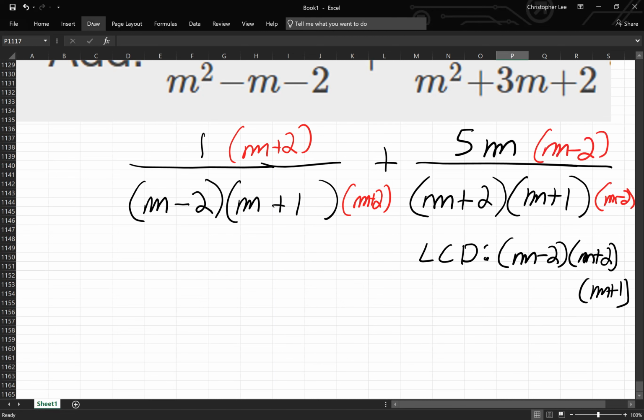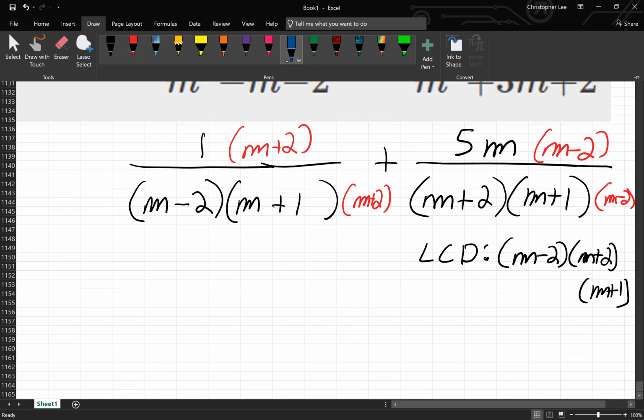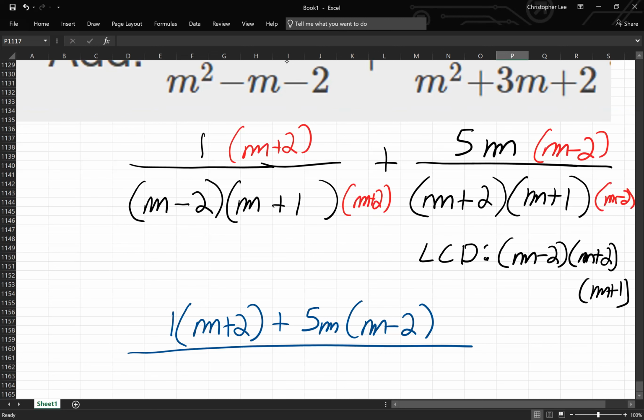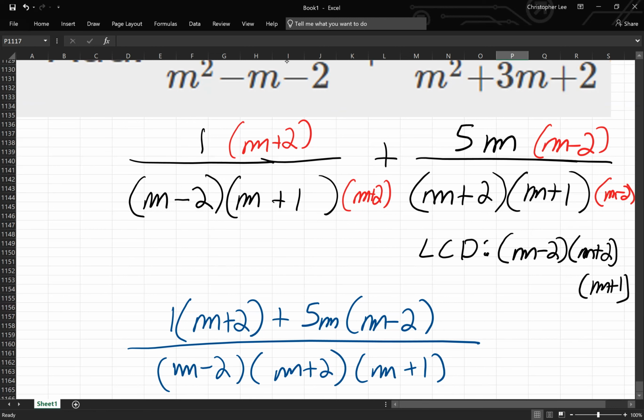So now what do I have? I have 1 times M+2 plus 5M times M-2, all over the LCD, M-2, M+2, M+1.